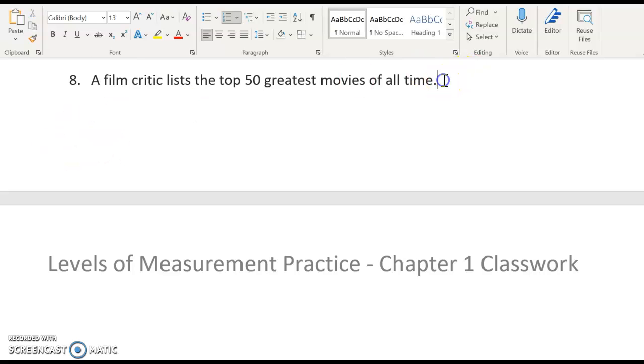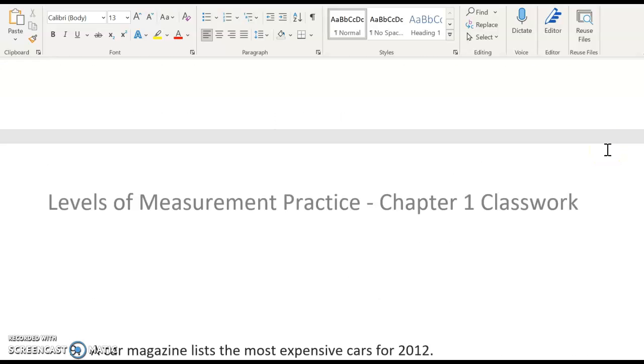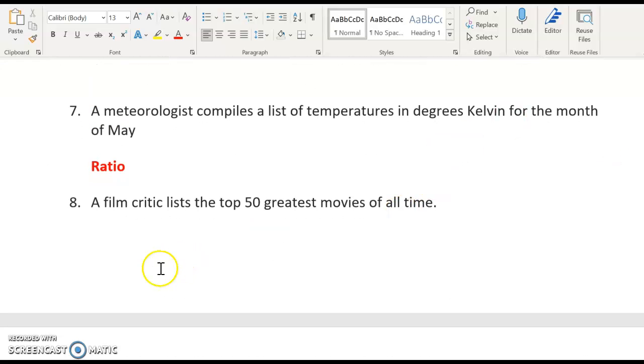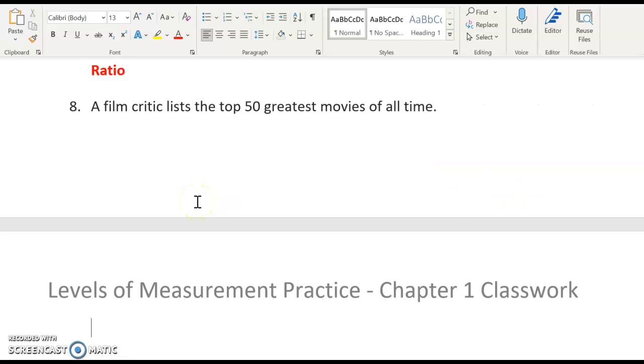All right, let's look at the next one, and I think we have a few more after this. A film critic, so I'm going to put the answer down here. A film critic lists the top 50 great movies of all time. Okay, so this is going to be ordinal.